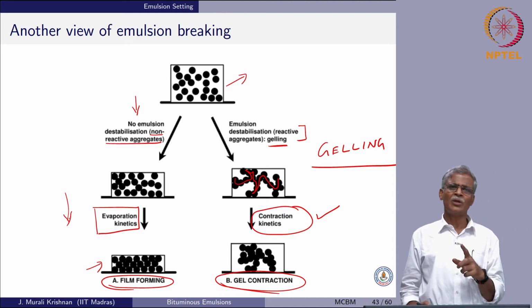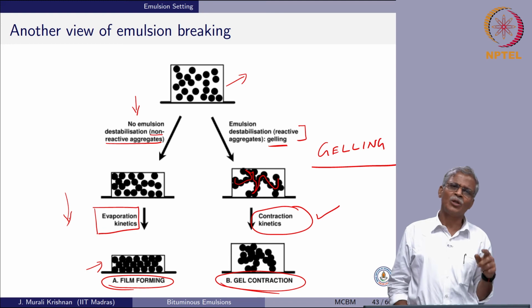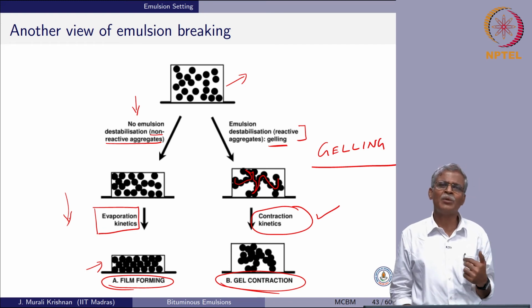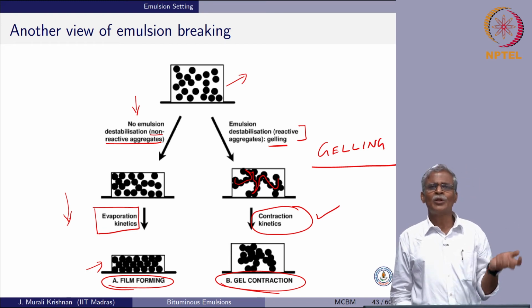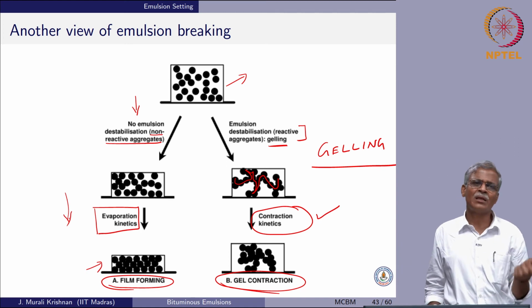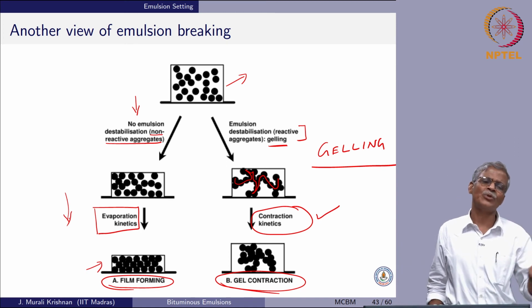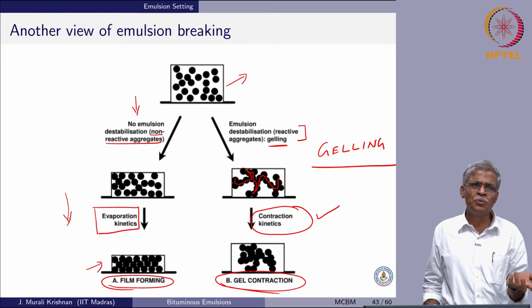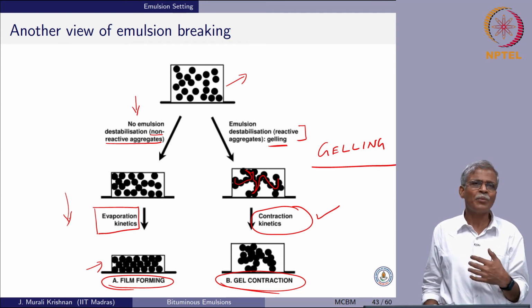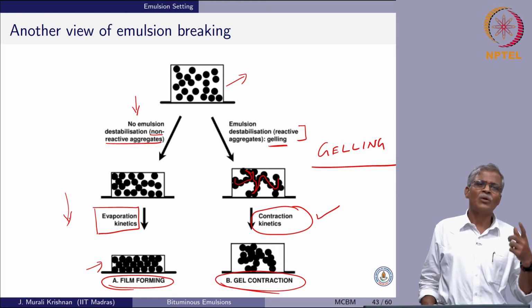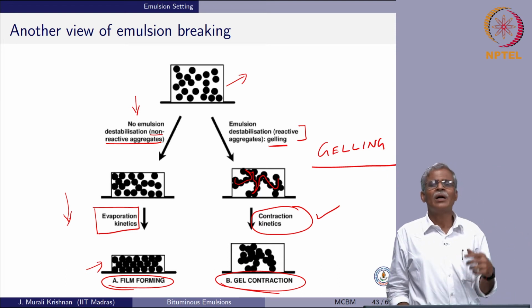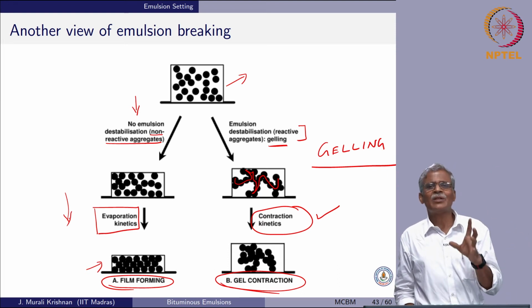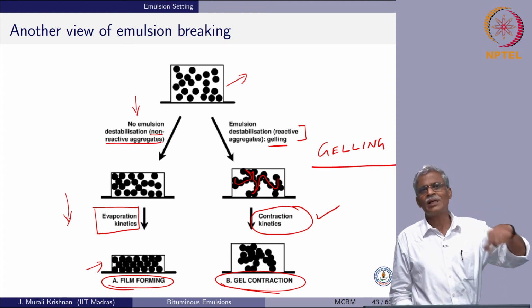So, it all depends on where exactly you want to use your emulsion. You want to use it as a prime, as a tack, in any of these maintenance techniques, fog seal, slurry seal, chip seal and all those things, or do you want to use it in your cold mix, with RAP, because the RAP is already coated with bitumen and you do not know what exactly the surface is, what the original aggregate was that was used.